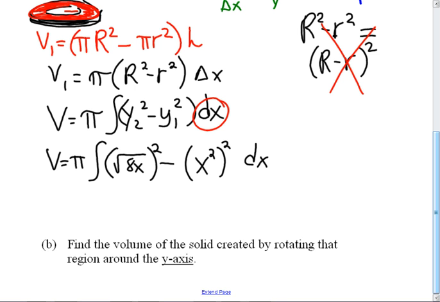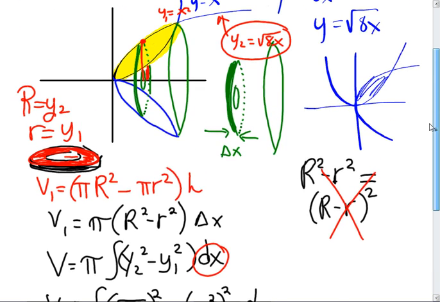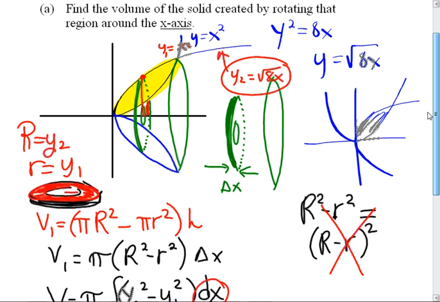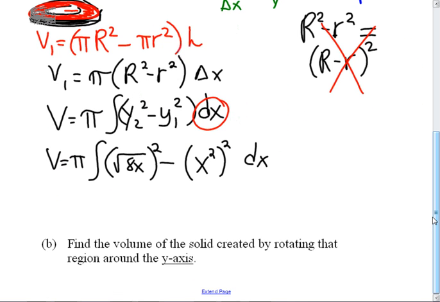And now the hard part is, where do they intersect? So we have y equals x squared, and we have y squared equals 8x. That is a nonlinear system, and it's a non-graphing calculator problem. Where you see y, we'll just use substitution.